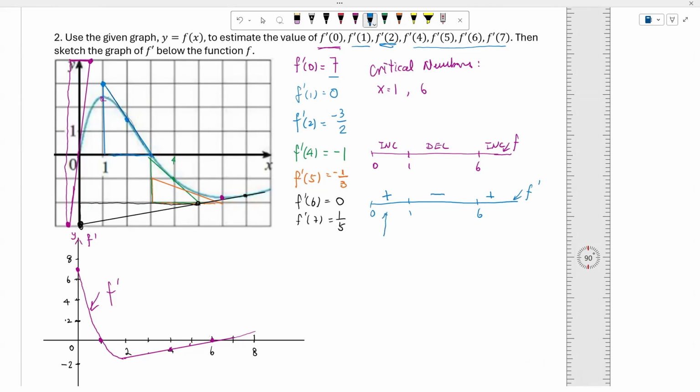Now, when I graph the f prime function, positive means above the x-axis, negative means below the x-axis, and of course, this one is above the x-axis again.